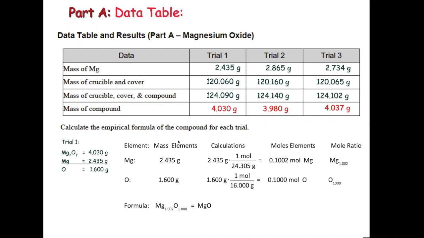So the way you do that is, let me take my pen here. You take the mass of the magnesium and you divide by the atomic weight of magnesium and you get the number of moles magnesium. You take the mass of the oxygen, you divide by the atomic mass of the oxygen, you get the moles of the oxygen. You can see that it's a 1-to-1 ratio. So that's the formula that you get.